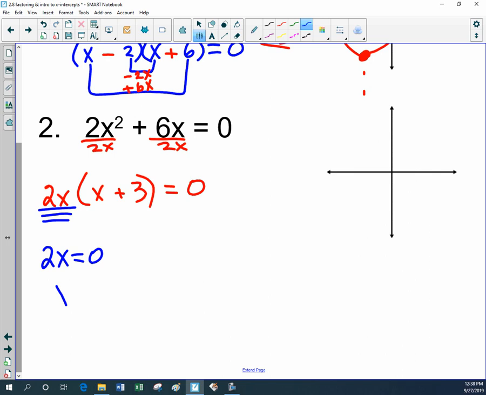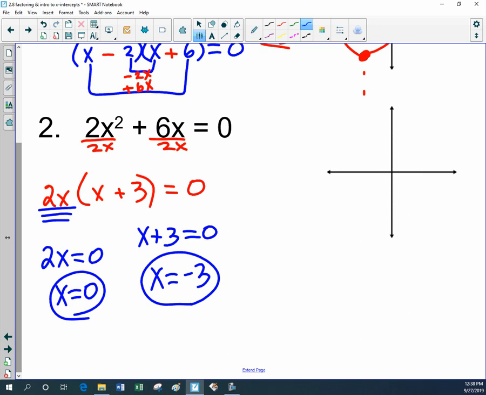Divide by 2, so I get x equals 0. Set x plus 3 equal to 0, so that'd be x equals negative 3. Okay, so my intercepts are at what 2 points? So 0 and negative 3.